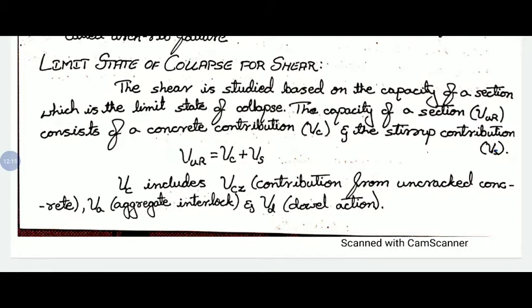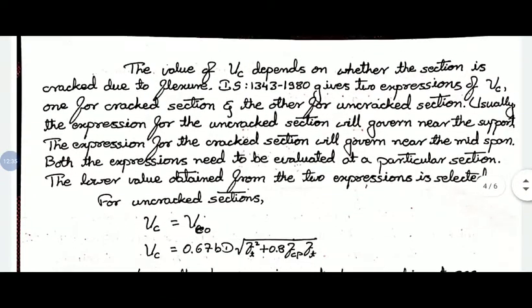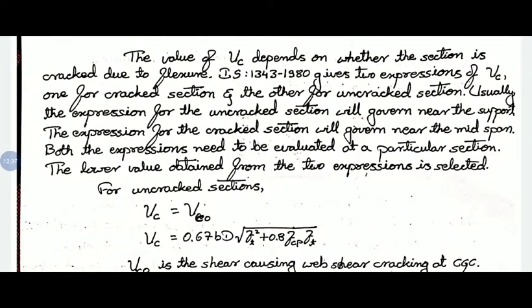Again, Vc includes contribution from uncracked concrete, aggregate interlock, and dowel action. If we take the concrete contribution, again it consists of dowel action, aggregate interlock strength and plain concrete capacity. So now the Vc, shear stress carried by the concrete, depends on whether the section is cracked due to flexure.